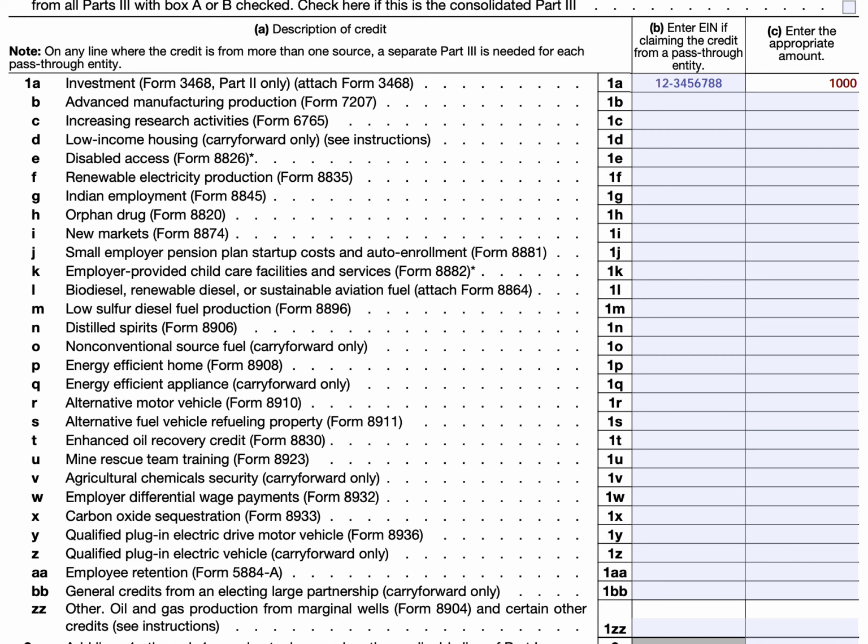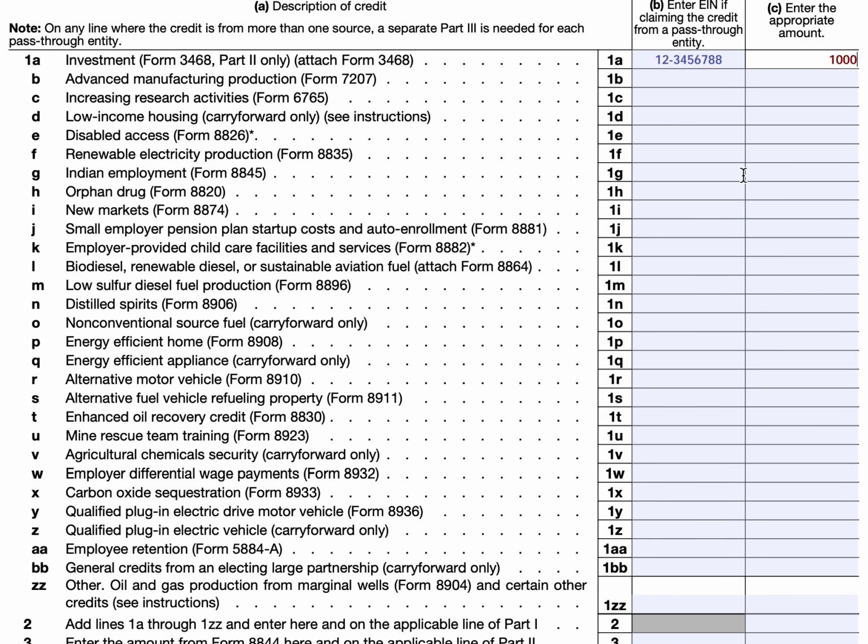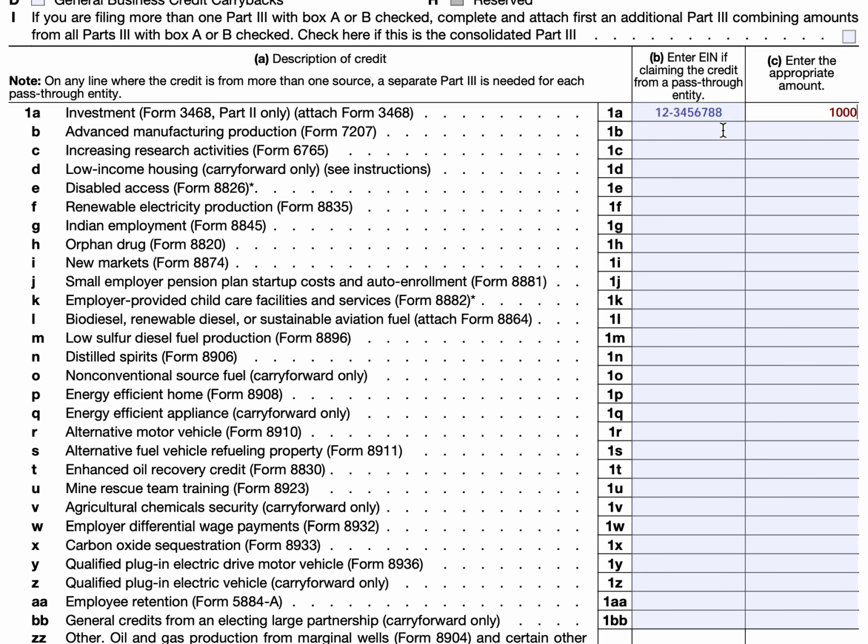Now, if you have multiple pass-through entities and you're looking to claim the investment tax credit from more than one pass-through entity, you would have to file a completely separate Part 3 specifically to report this investment tax credit from a different EIN.